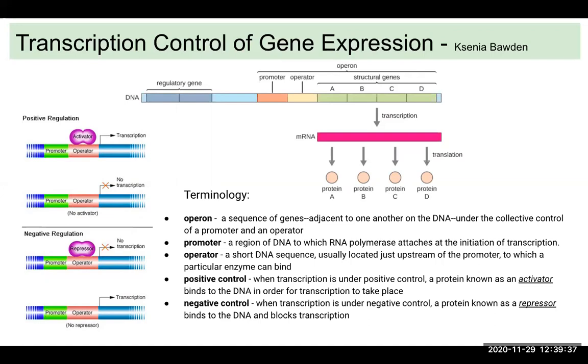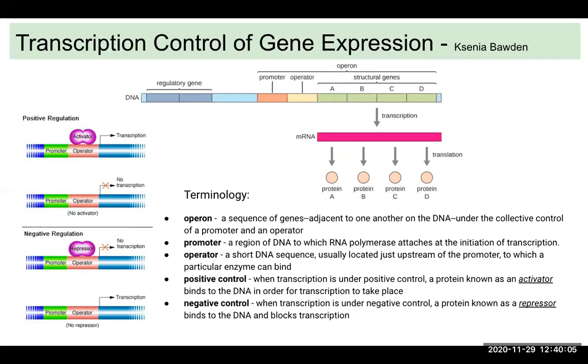If you look to your left, we have positive and negative control. When transcription is under positive control, it means a protein known as an activator, right at the top in purple, binds to the DNA in order for transcription to take place.